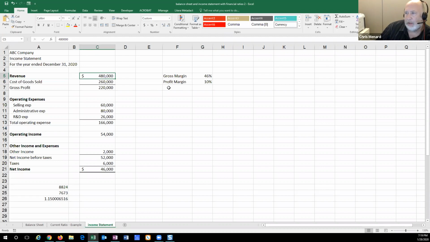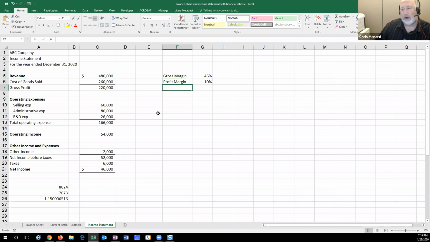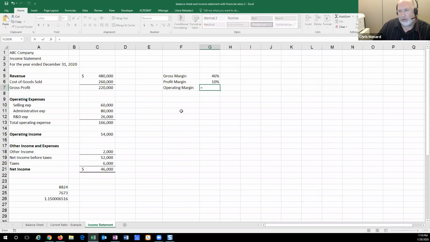So that is technically net revenue. There you go. In between the gross margin and the profit margin, the one I didn't show is called your operating margin, and it's your operating income divided by, again, the revenue. The cost of goods sold subtracted from the revenue will give you your gross profit.